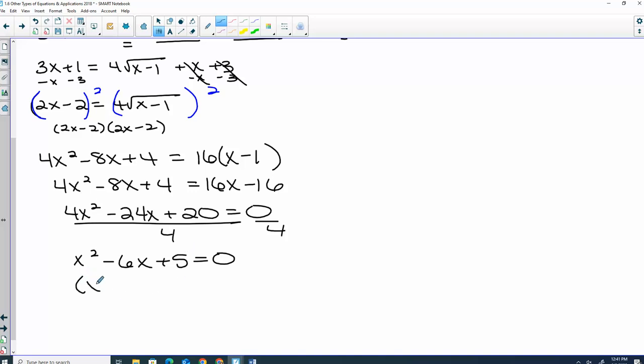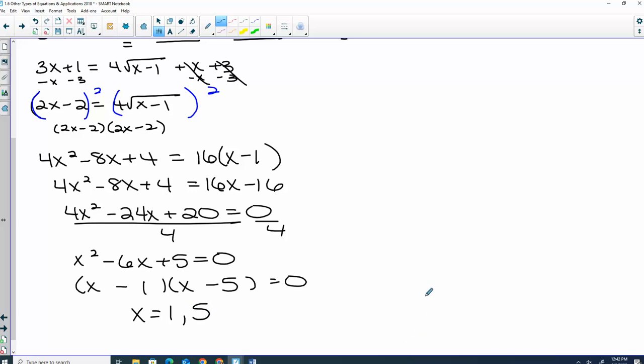What multiplies to 5 and adds to negative 6? You're thinking multiply 6 and add to 5. Alright. We set those to 0, we get x to be 1 or 5.